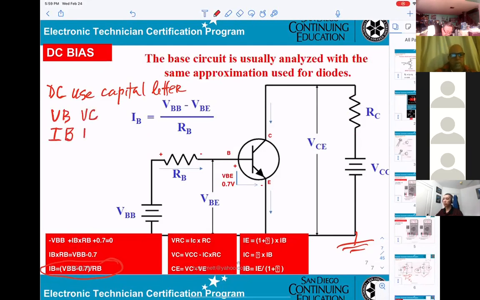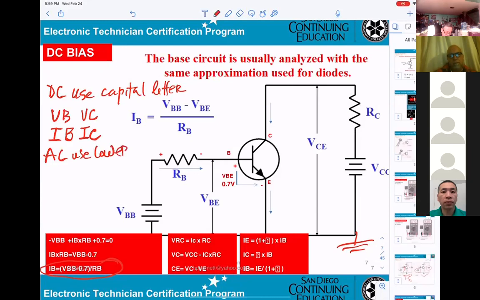VC, IC, same thing, okay? However, for the AC, it is lowercase. Okay, vb, ib, vc, ic.